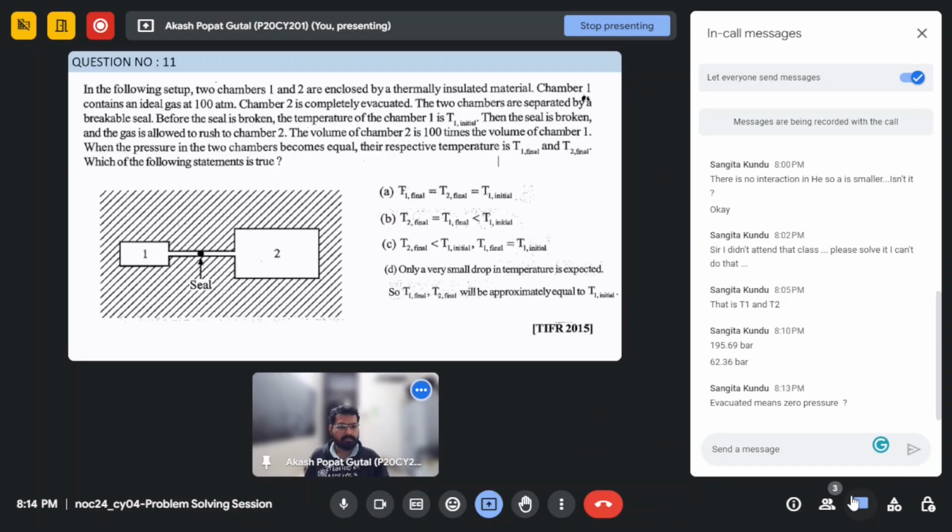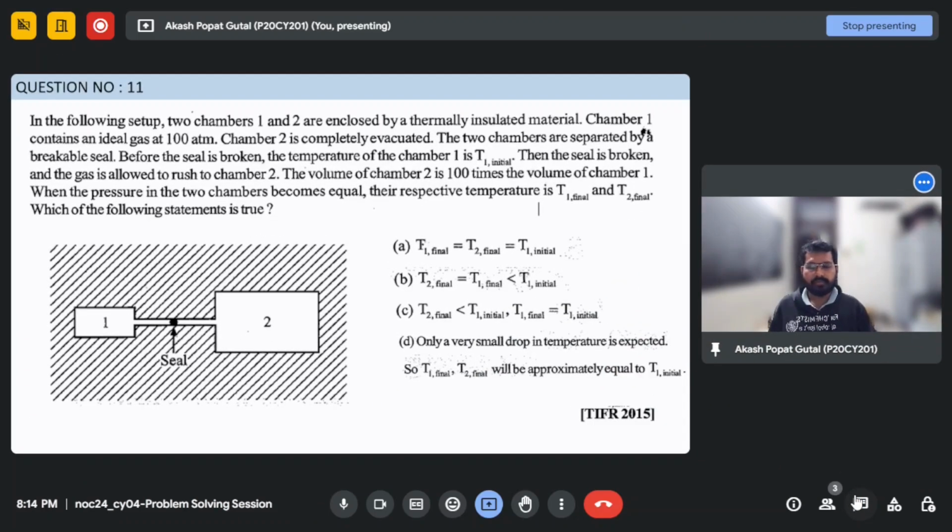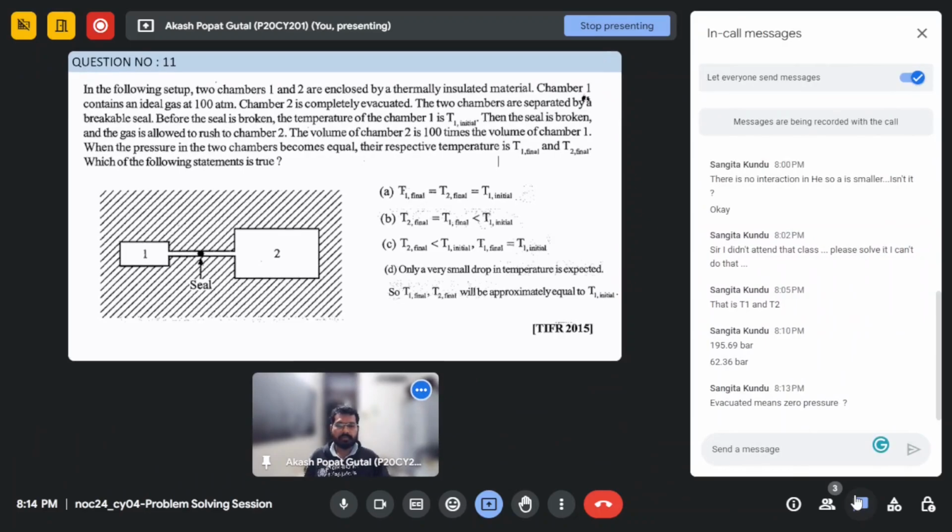Take 1 minute more. You don't even need to write any equation to solve this question.